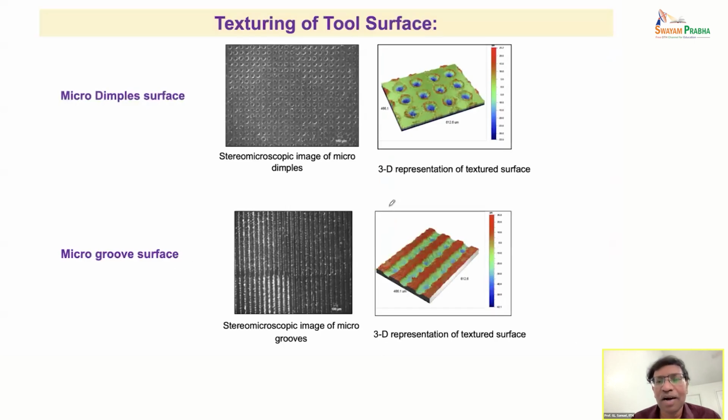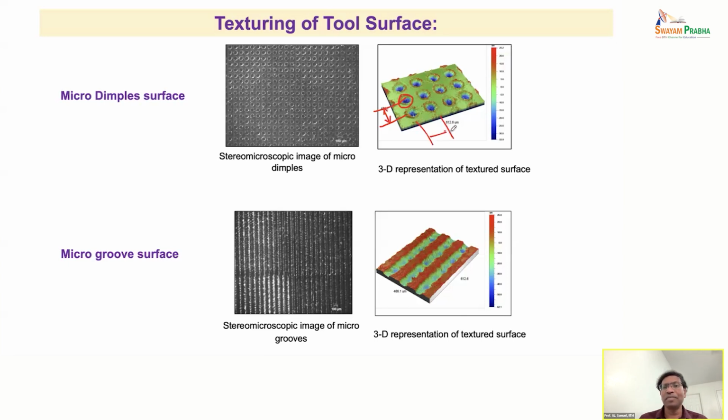Now, how do we texture these surfaces? For that, we have conducted initial experiments to find out what should be the diameter of this dimple, what should be the spacing between each of these dimples, and also the space between these things.